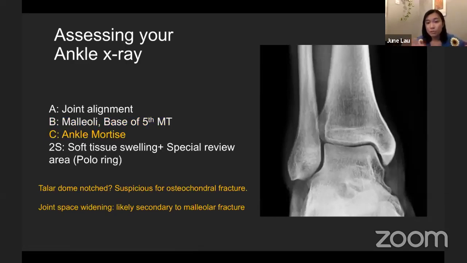If you can't see anything on B, you're going to move on to C. Like I said before, you only have one real joint in the ankle, and it's the ankle mortise. This lovely dark line is your ankle joint, also known as the ankle mortise. It's very uncommon to get narrowing of your ankle joint because it's a very uncommon site to have osteoarthritis. So if you have narrowing of one side and widening of another, then obviously that's quite concerning.